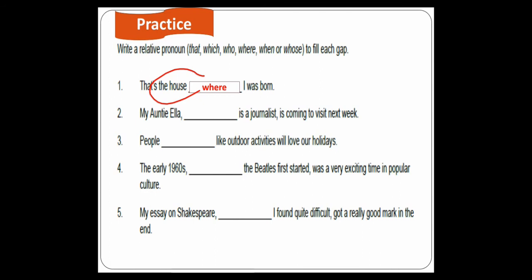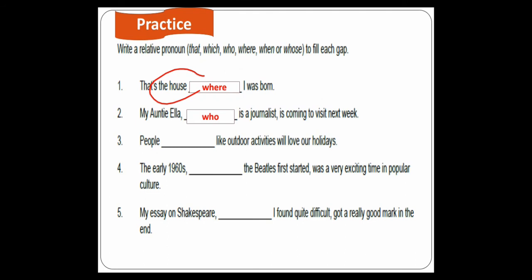Number two, my auntie Ella. So here we have a person, my auntie Ella, is a journalist, is coming to visit next week. So here we are going to use who. My auntie Ella, who is a journalist, is coming to visit next week.